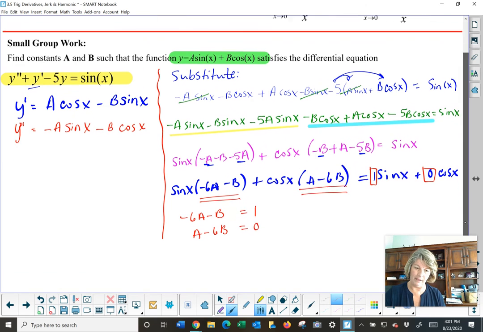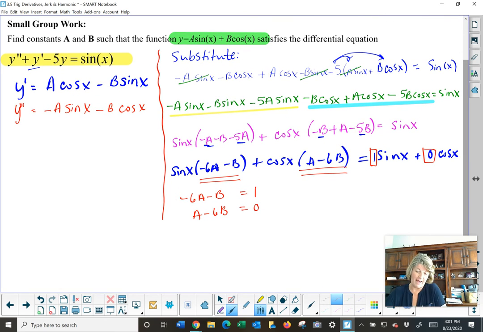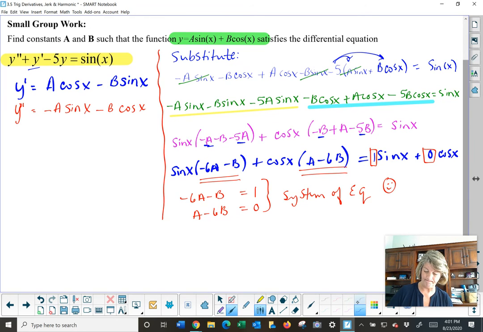And now I'm feeling really good about this because I have a system of equations with two unknowns. And we know we can solve systems with two unknowns. So I'm just going to label that in my notes, system of equations. I'm feeling so good at this point because I like systems of equations. I'm going to use the elimination method.